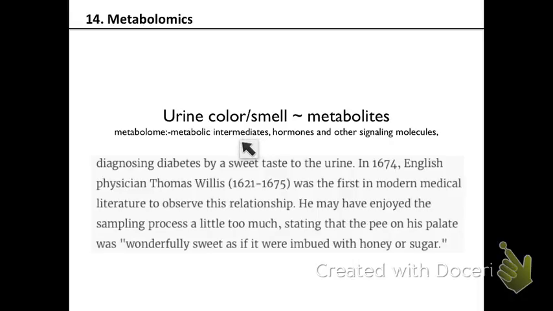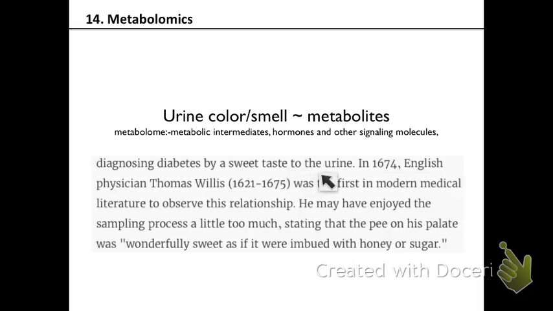And there are some metabolic diseases. For example, one of them is the famous diabetes. It was known many hundreds of years ago that patients who have diabetes had a sweet taste to their urine. And you could basically diagnose the illness by measuring the metabolite in a sample, which is the urine.